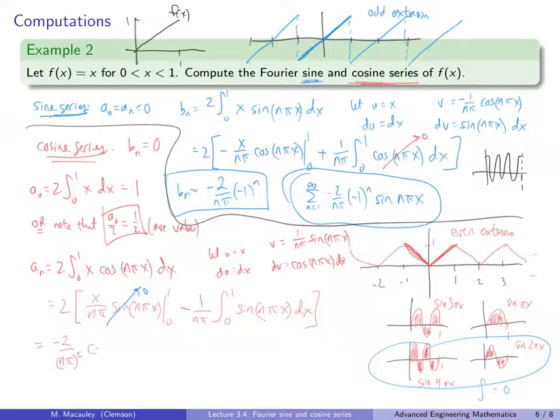And now we get a cosine of n pi x from 0 to 1. But when we integrate sine, we get a negative cosine. And again, I have to think of this as when we differentiate cosine, we get a negative sine. So I'm going to make that a positive. And now let's plug this in and let's see what we get.